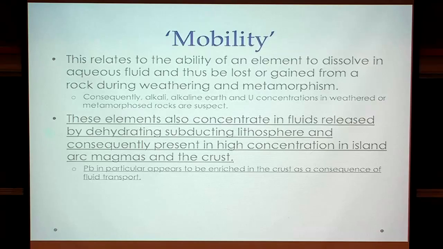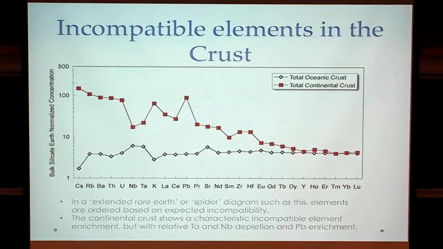The other thing is that these elements also concentrate in fluids released by dehydrating subducted lithosphere, and consequently tend to be present in high concentration in island arc magmas and in the crust. Lead in particular appears to be enriched in the crust as a consequence of this fluid transport rather than strictly melting.